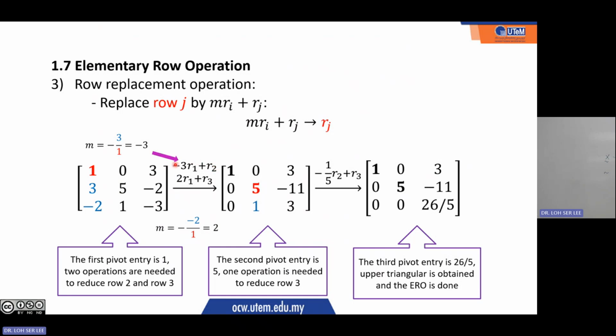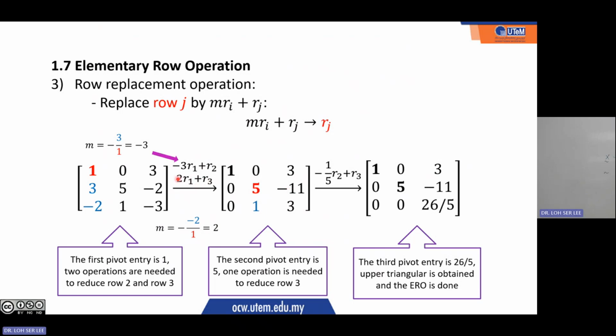This means -3 multiplied to the whole row 1, and then you plus it into row 2 respectively. So we go through this one by one. 1 times -3, you have -3. -3 plus 3, you get 0. 0 times -3, you get 0. 0 plus 5, still 5. 3 times -3, -9. -9 plus -2, -11.